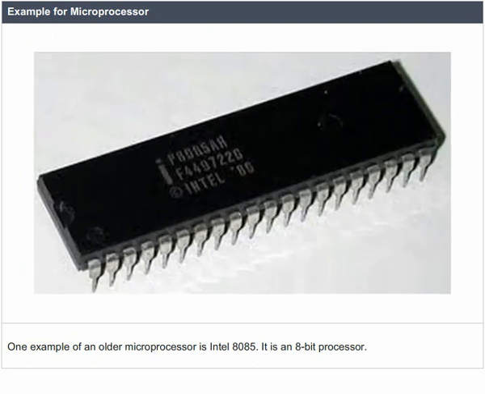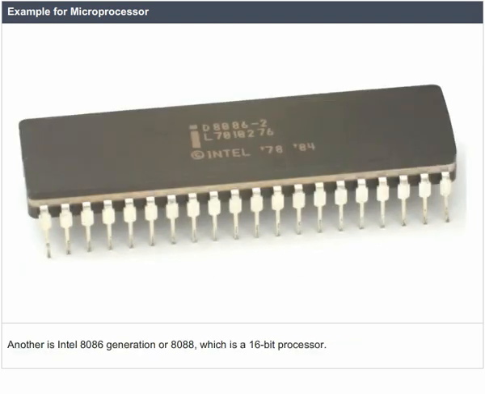Example for microprocessor. One example of an older microprocessor is Intel 8085. It is an 8-bit processor. Another is Intel 8086 generation or 8088, which is a 16-bit processor.